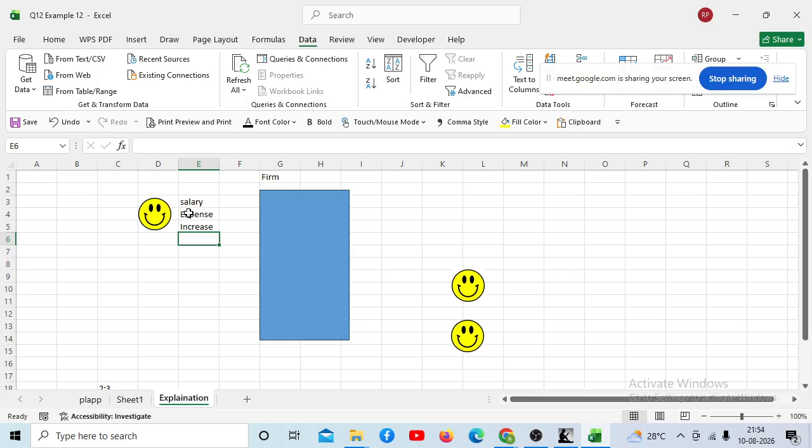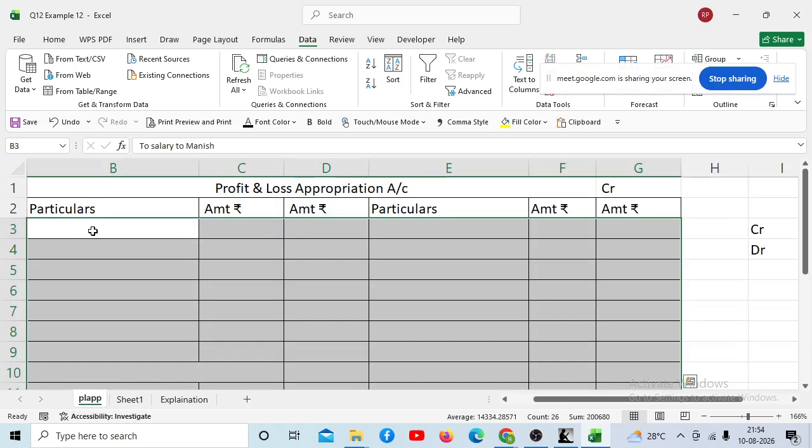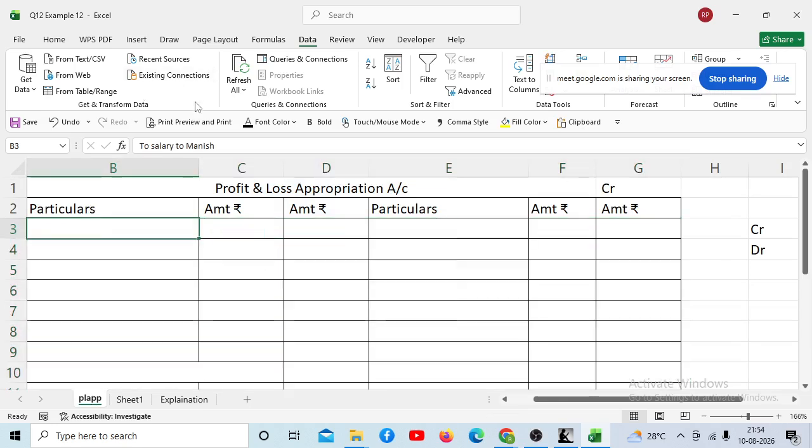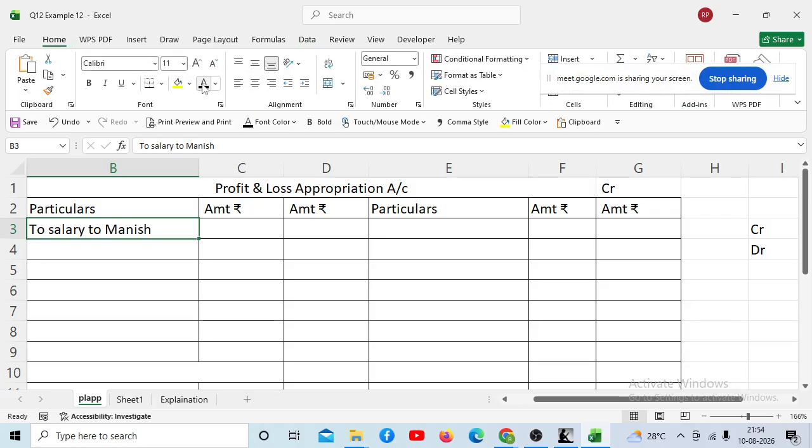Just refer to the golden box. If expense is increasing, it will be written on the debit side. So we will write to salary to Manish on the debit side.